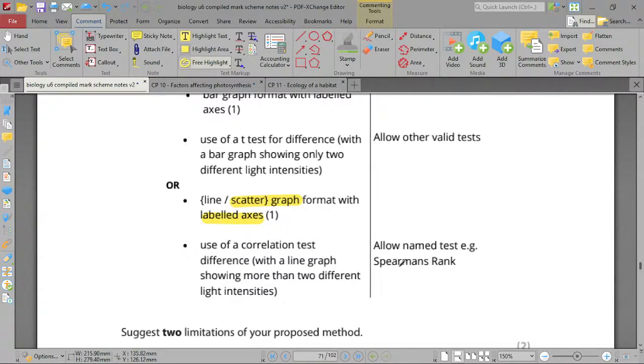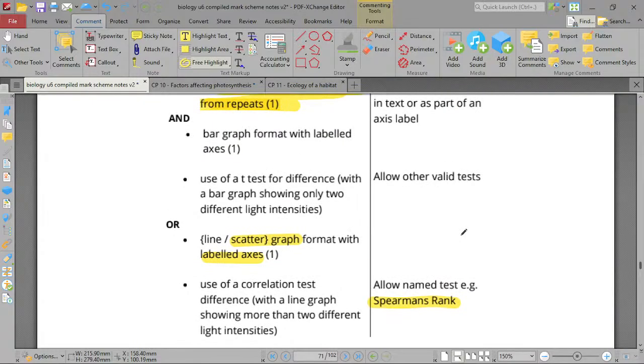You can then use the name of that test, the Spearman's rank correlation test. Notice that when you have a bar graph, you're using the t-test with the bar graph showing only 2 different light intensities, and when you're using a scatter graph, you're using a correlation test. Okay.